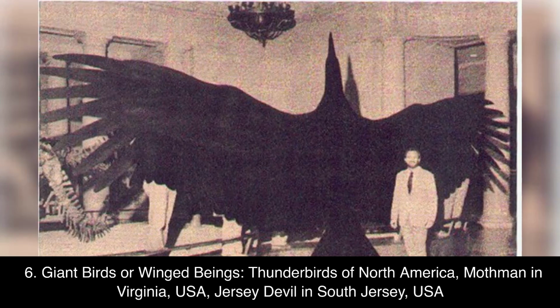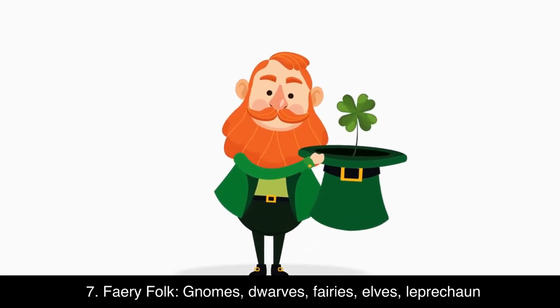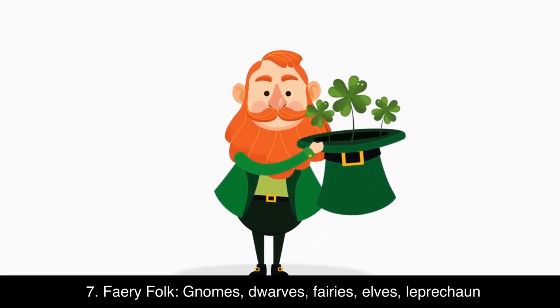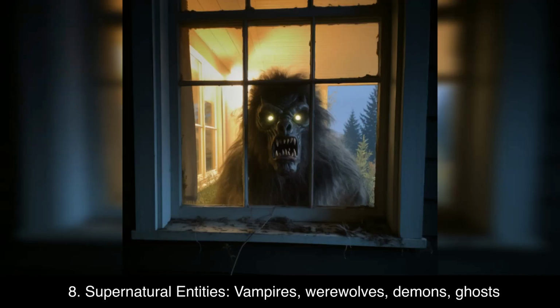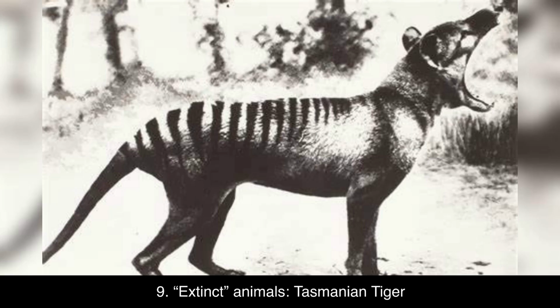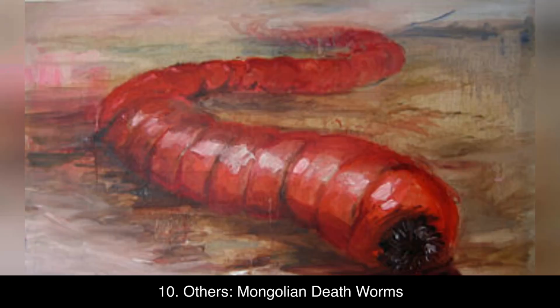Giant birds or winged beings: Thunderbirds of North America, Mothman in Virginia, USA, Jersey Devil in South Jersey, USA. 7. Fairy folk: gnomes, dwarves, fairies, elves, leprechaun. 8. Supernatural entities: vampires, werewolves, demons, ghosts. 9. Extinct animals: Tasmanian tiger. 10. Others: Mongolian death worms.